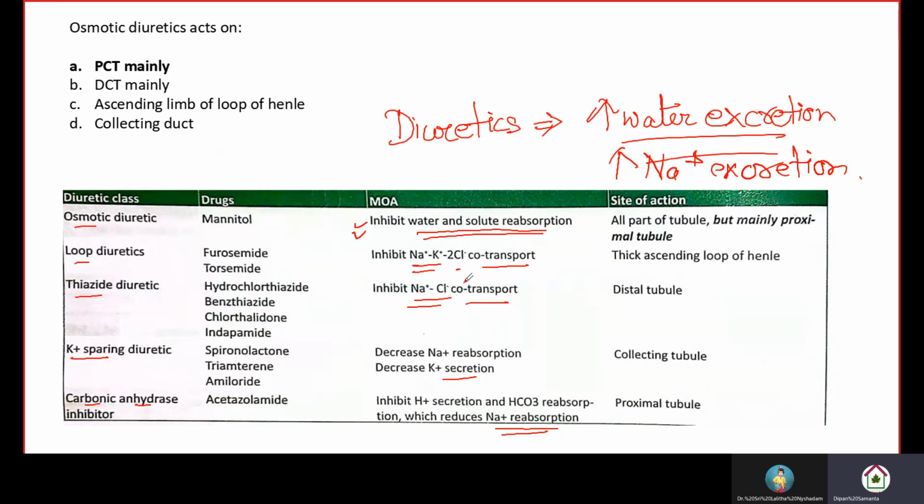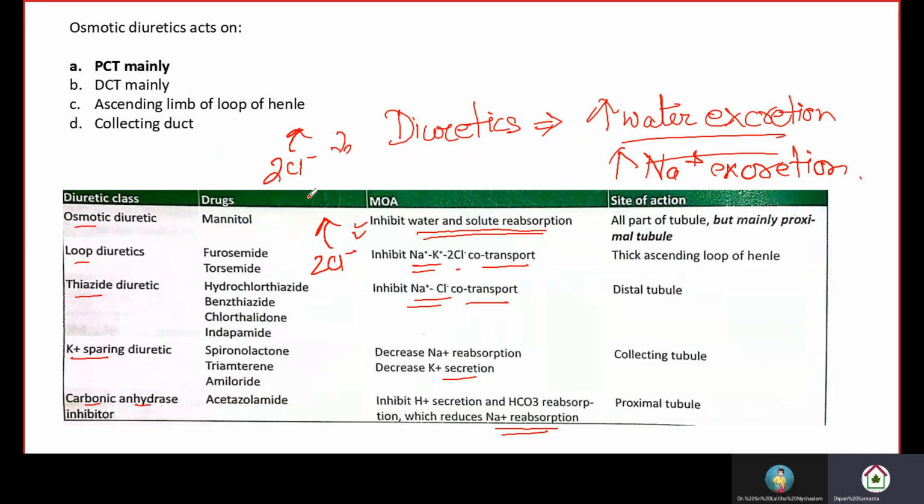What happens is that by this co-transportation, 2Cl minus is being secreted and sodium potassium is taken in. That means reabsorbed. This reabsorption is inhibited.